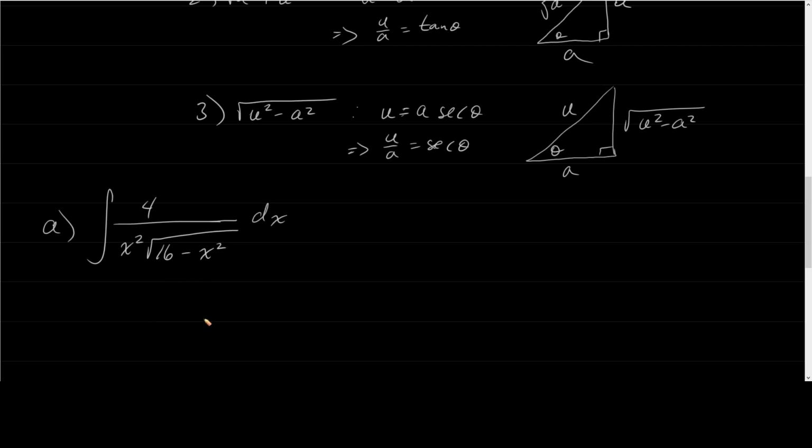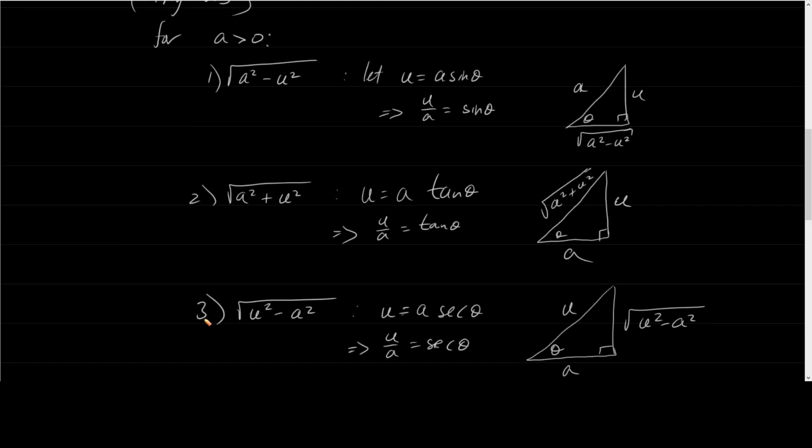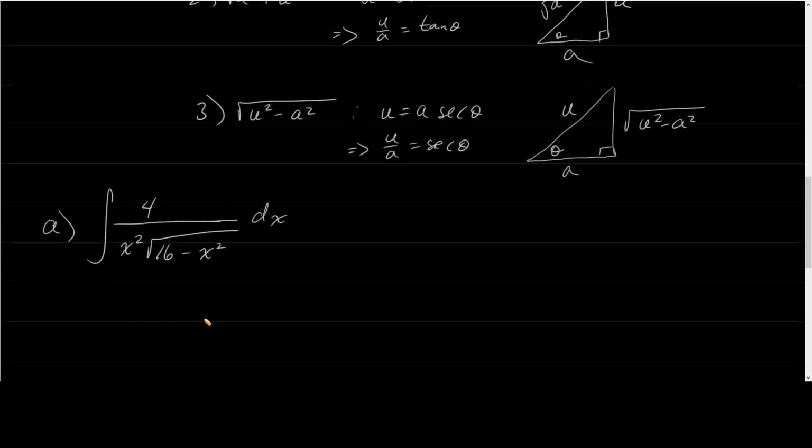So because we have a constant minus a function, that's the first scenario. We're going to be using u being equal to a sine theta. But in this case, our u is x. First, let me rewrite this a little bit. It's going to be 4 over x squared times the square root of 4 squared minus x squared dx.